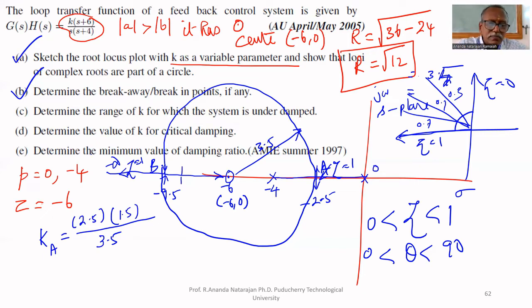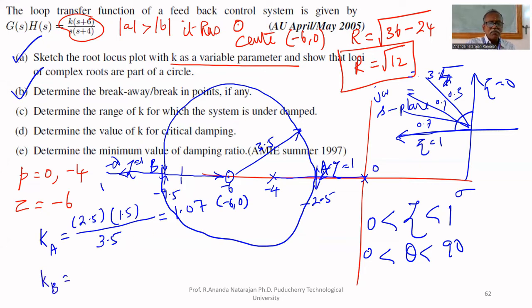Ka equal to 1.07. Therefore, when K equal to 1.07, the system is critically damped. If it is, what is KB?